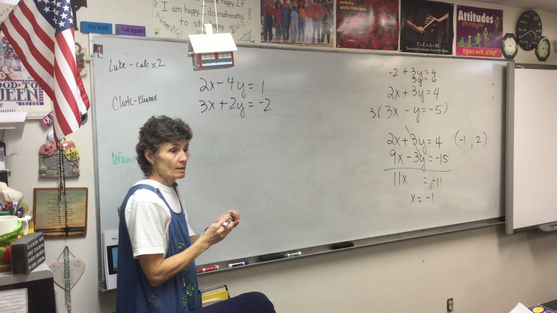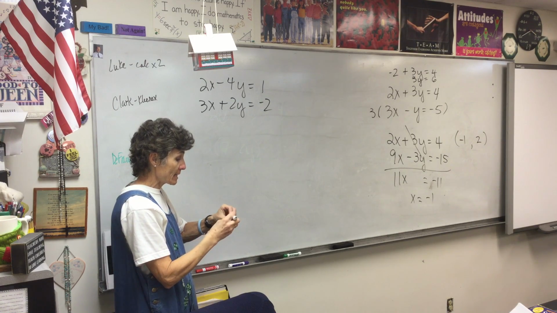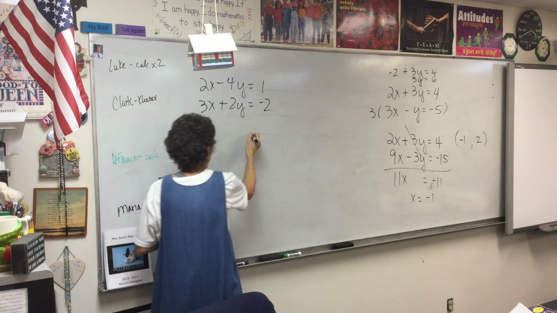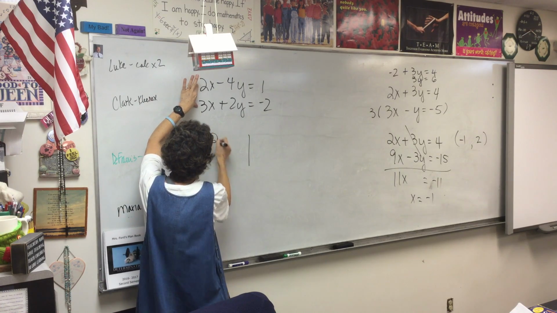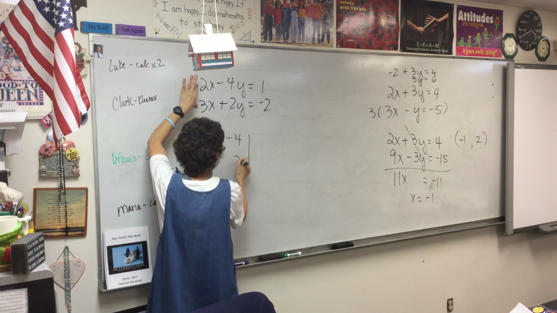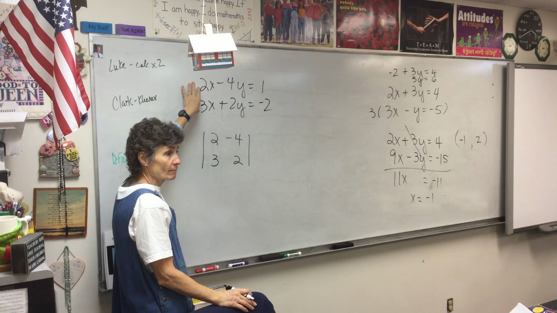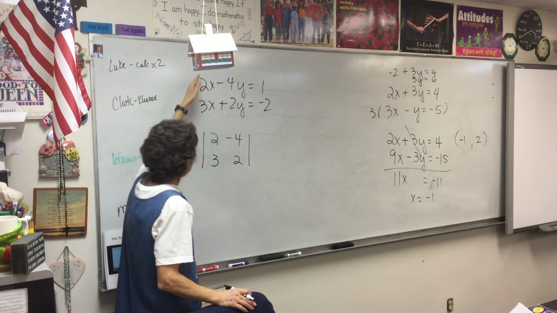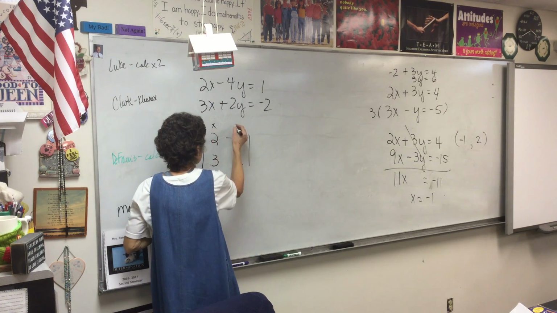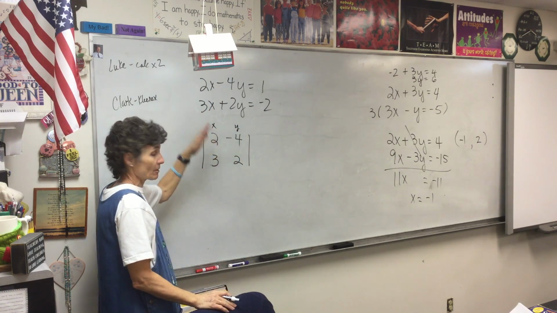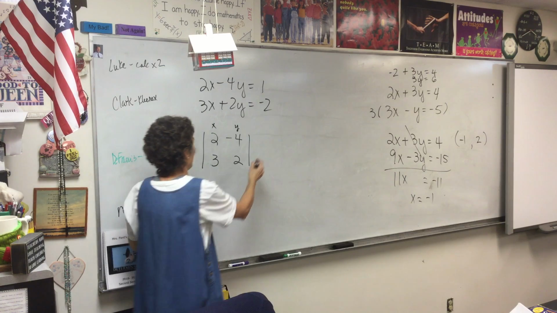Well, yeah, we start by making a determinant of just the x and y numbers. Is that looking familiar? These are the x numbers and these are the y numbers. Is that okay with everybody?